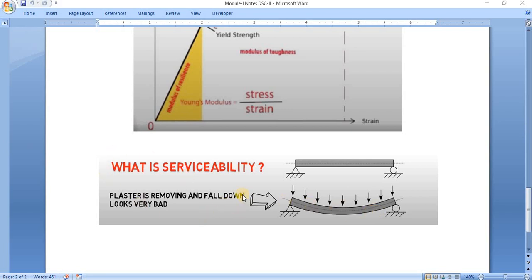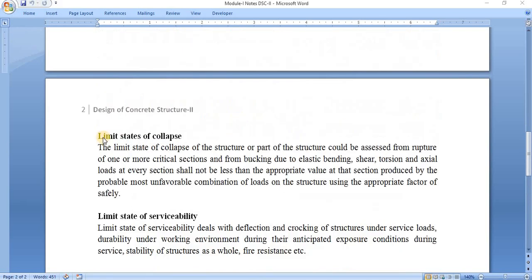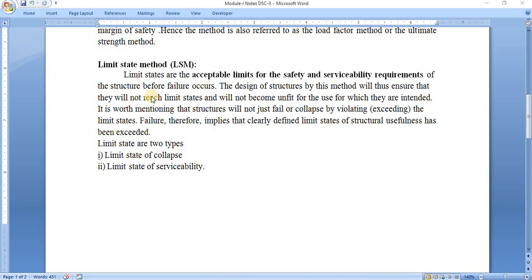So that is called serviceability. So it has to be provided properly. We need to take care of these things while utilizing the ultimate strength of a material. So that is done in the limit state method.